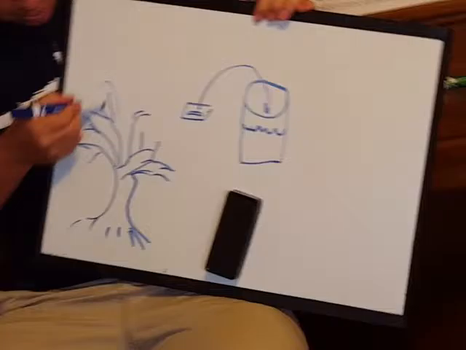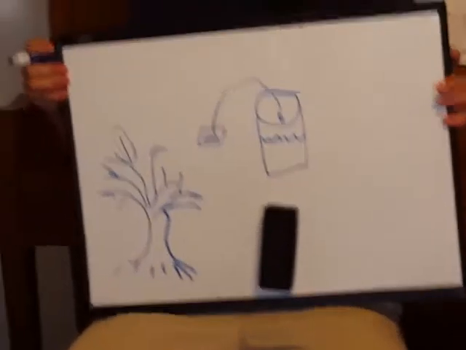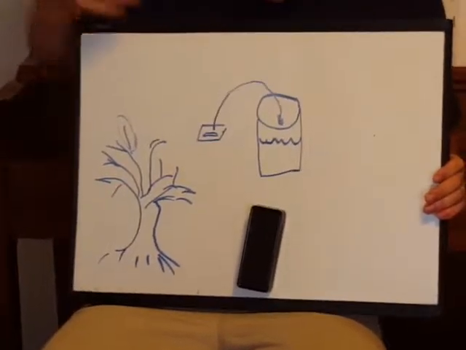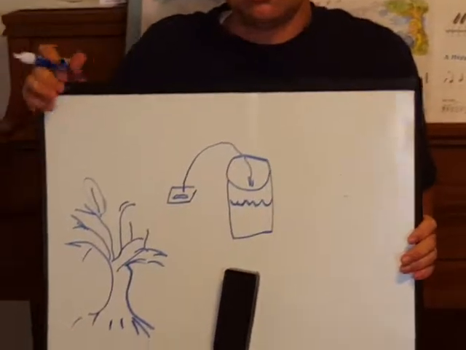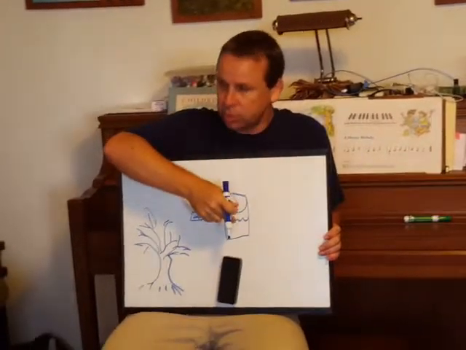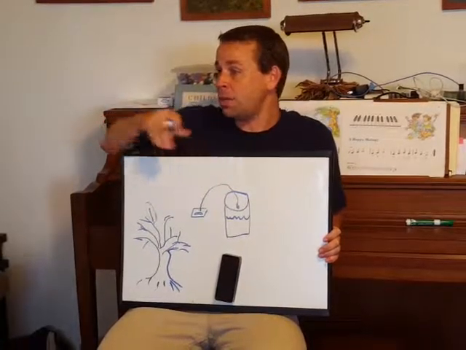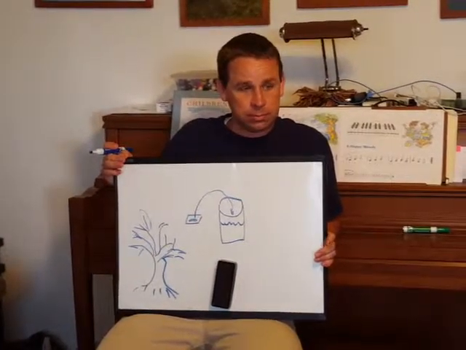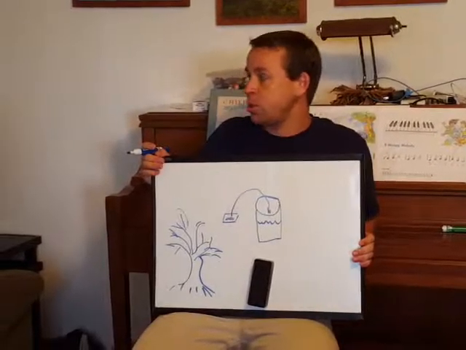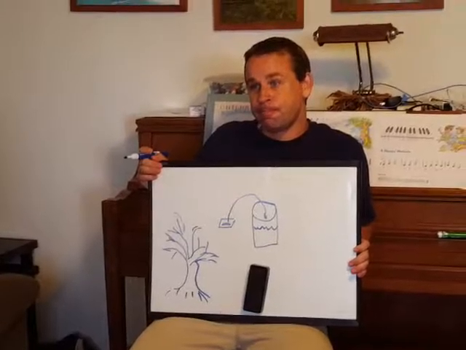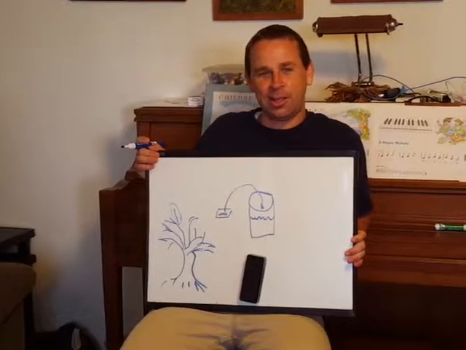There's a branch on the chemistry tree that's completely dedicated to this idea that some things will dissolve and disappear from view, and some things do not dissolve in solutions. It's that important.